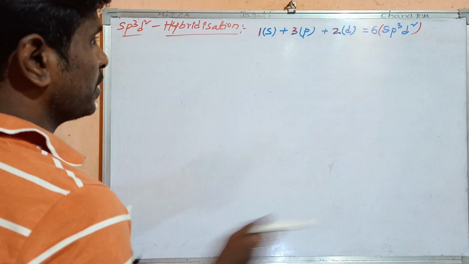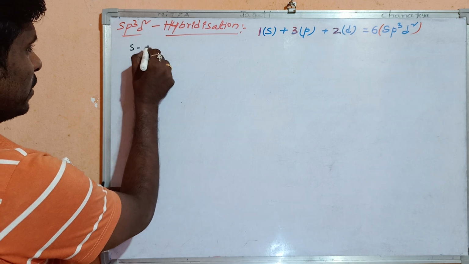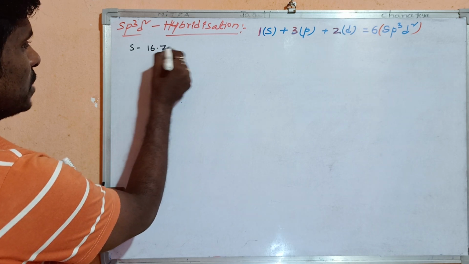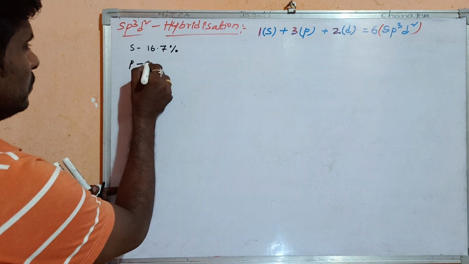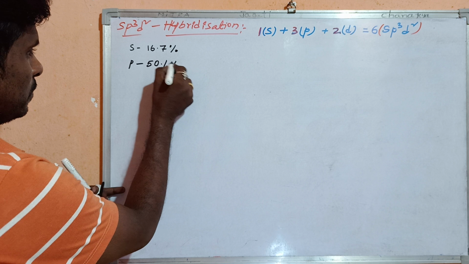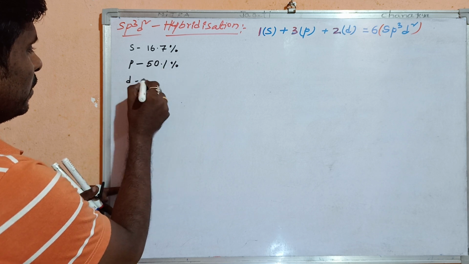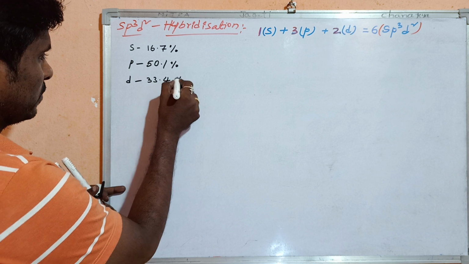In the sp3d2 hybridization, s character is 16.7%, p character is 50.1% and d character is 33.4%.